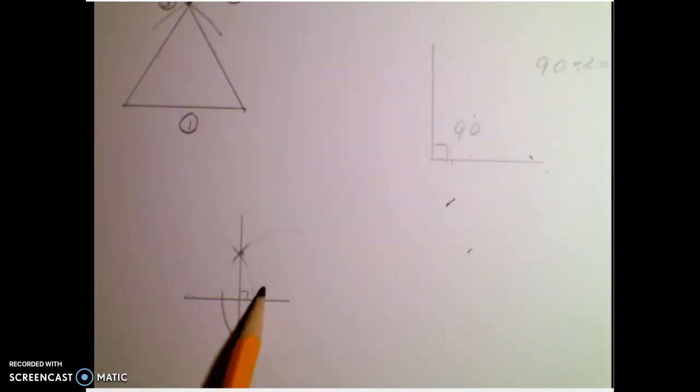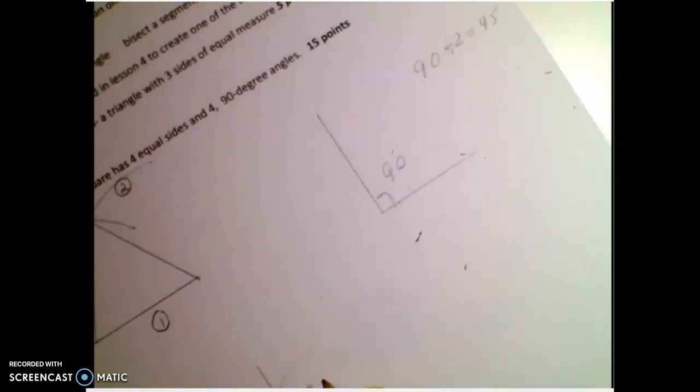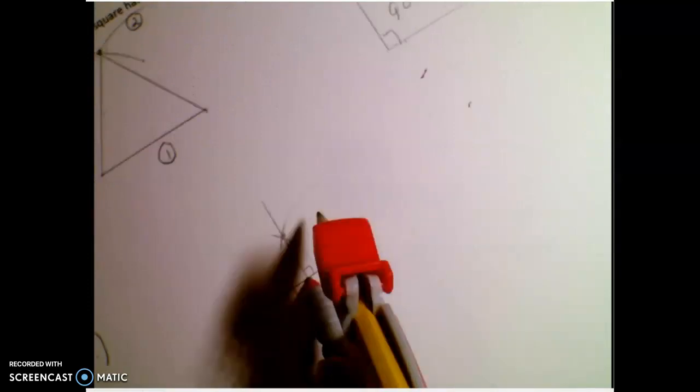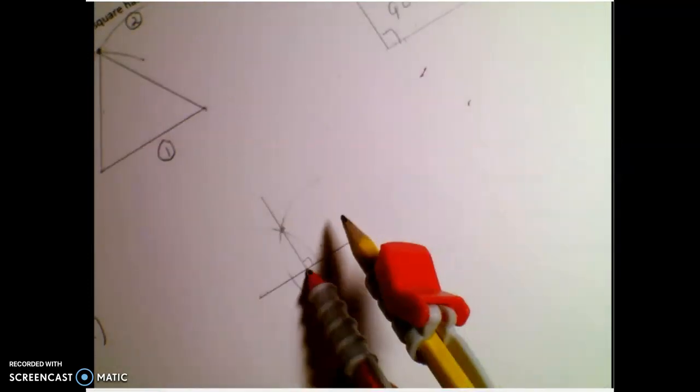All right, so the way I do that, step one, I take my compass and I place it right there, that little box that I made. And I'm going to make an arc.